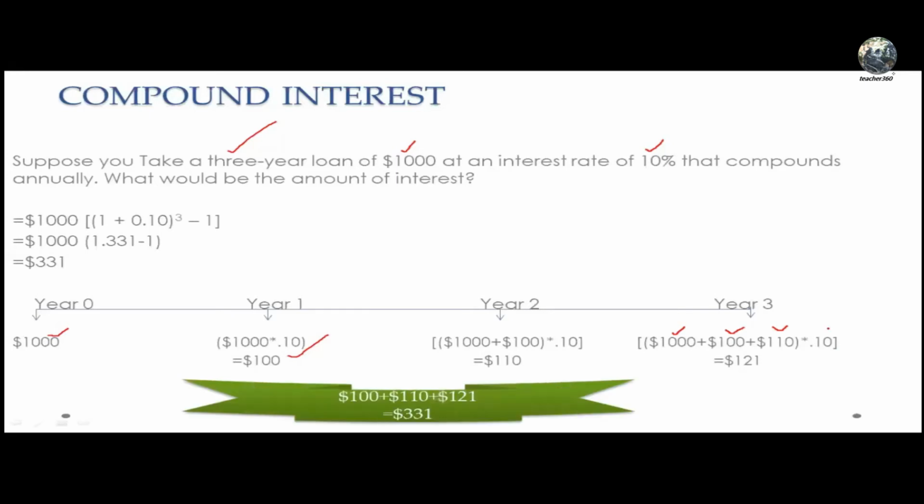So altogether, your interest will be $331 for 3 years. So this way, you can calculate your interest before taking a loan, before investing your money in any project.